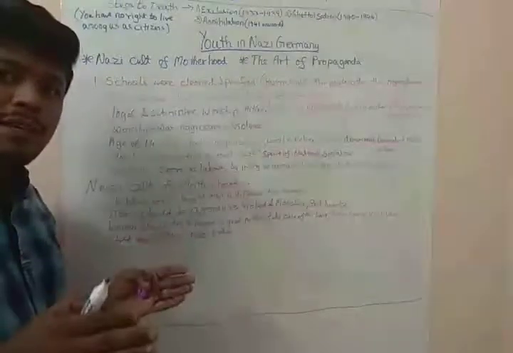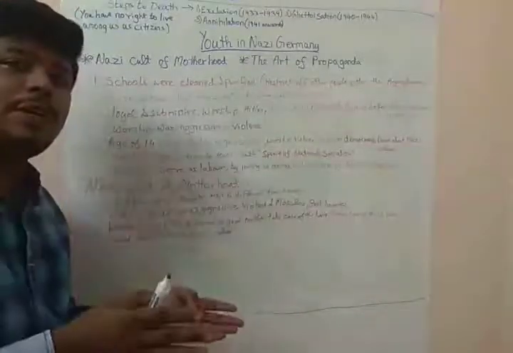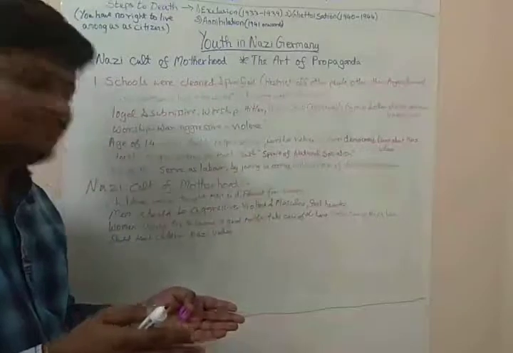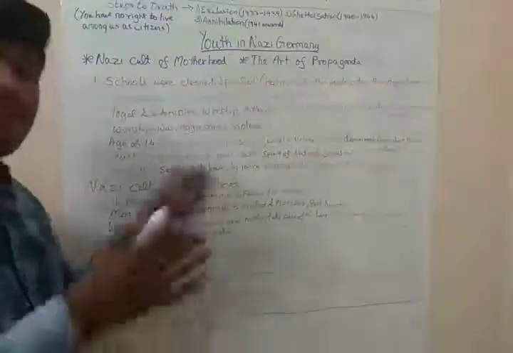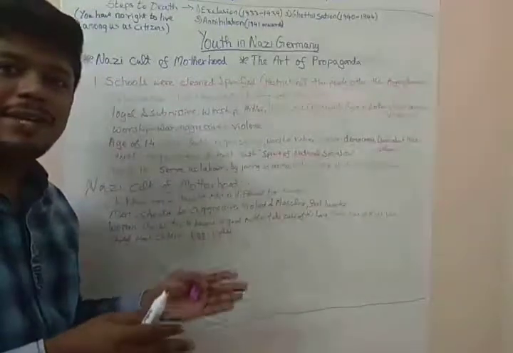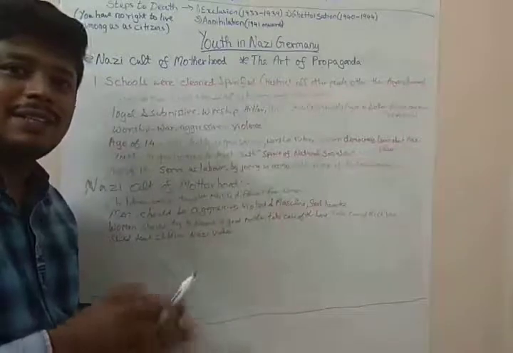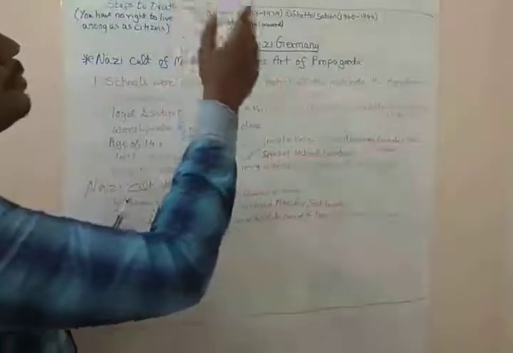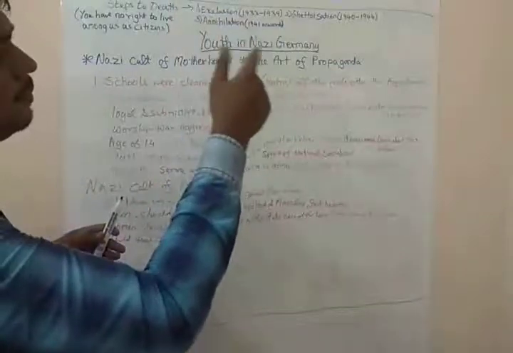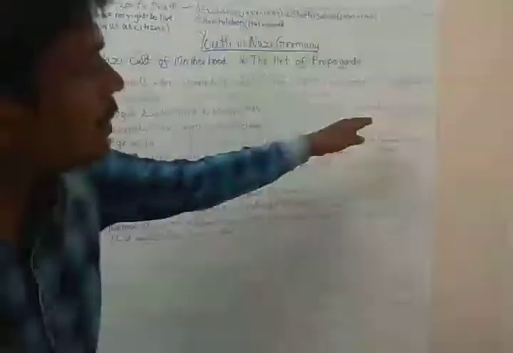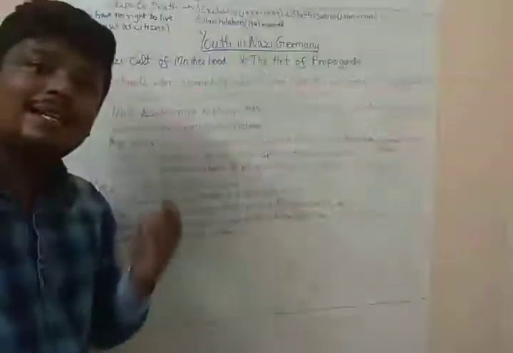And one more thing, there were some rules also given to the women, same as men. Men were also told that they have to hate Jews, Gypsies, communists, and the other people who were considered undesirable, right?